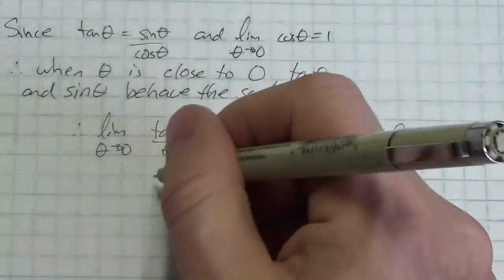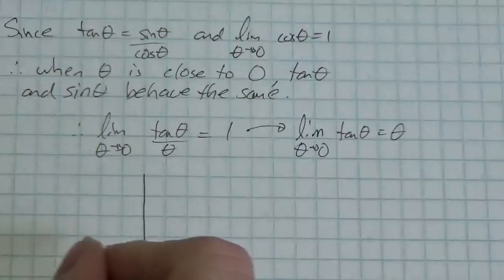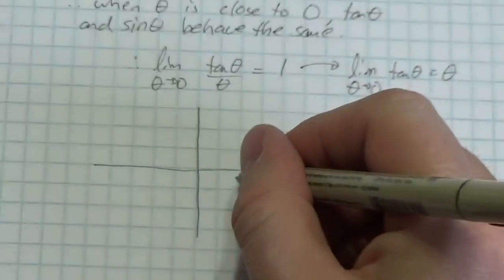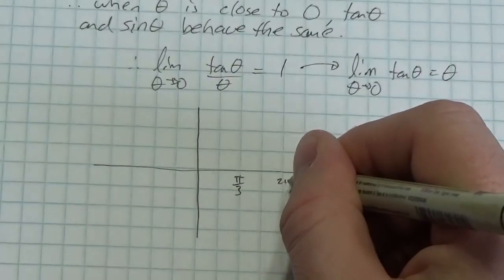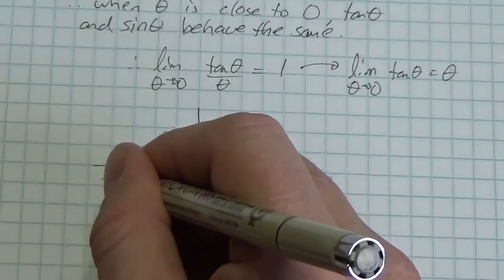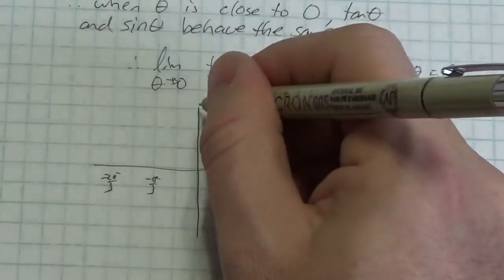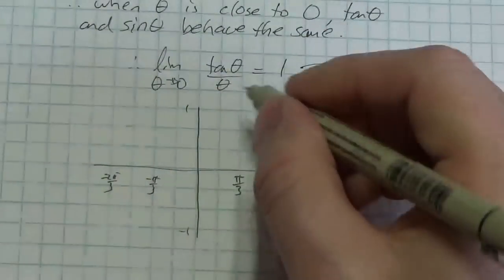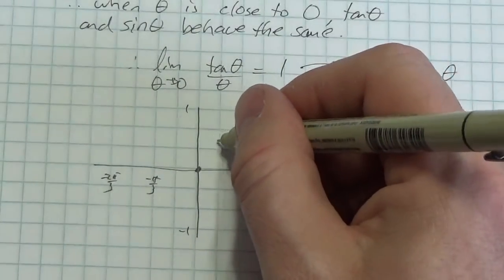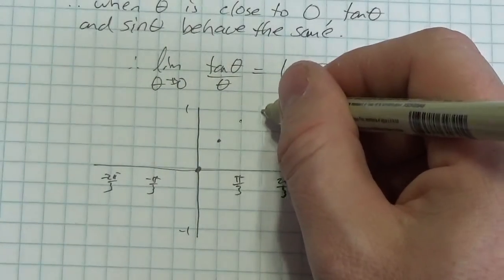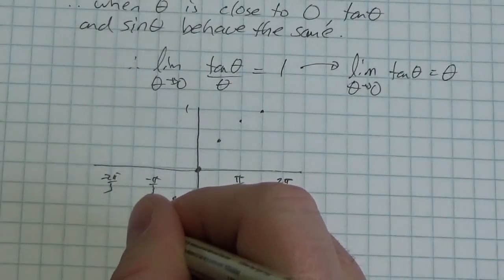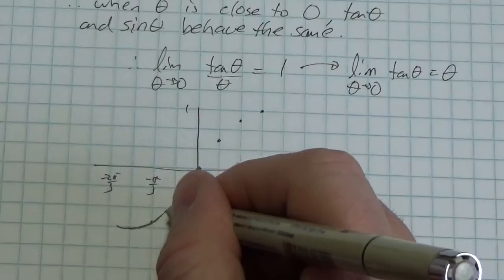Now, again, just to illustrate what is going on here, let's take another quick look at the graph. Okay, so if I go up again by pi over 3, 2 pi over 3, negative pi over 3, negative 2 pi over 3, let's call this 1, negative 1. So here we go. Sine starts at 0, okay, halfway there, almost there, there's pi over 2, halfway there, almost there, there's negative pi over 2, so here's sine.